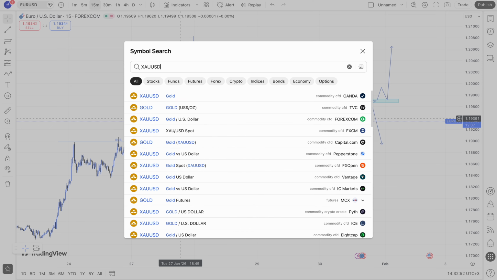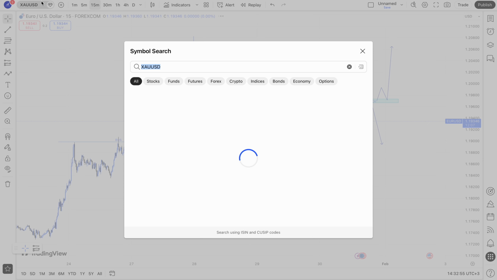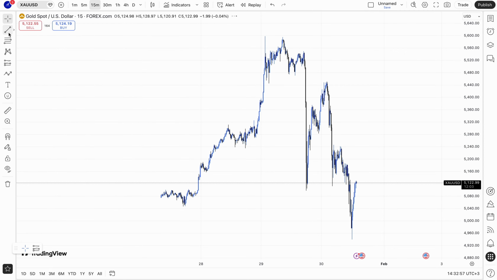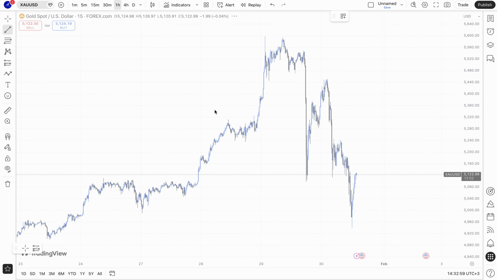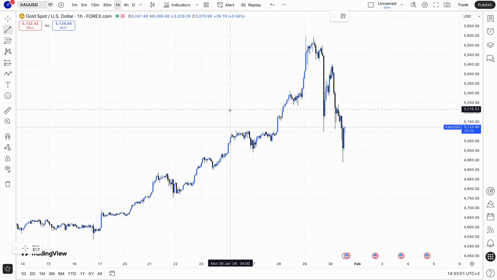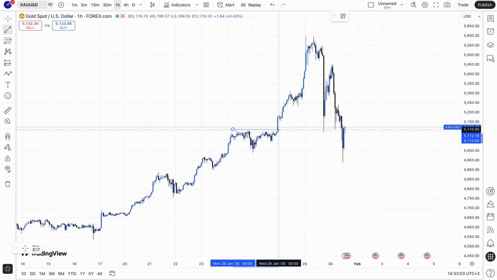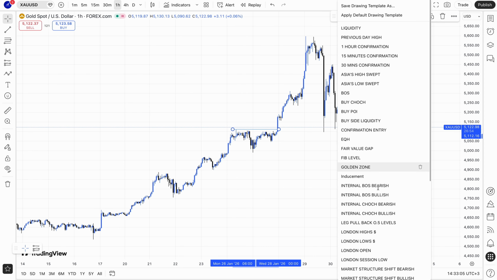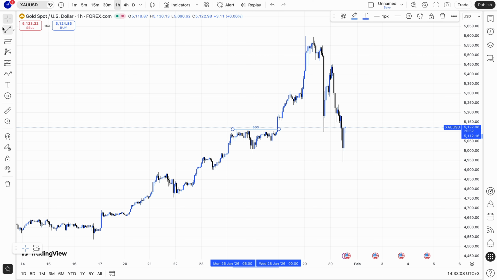Then for gold, super simple price action. You're still looking for buys because of a change of character, break of structure, sorry, to the upside. Then you had the liquidity sweep.